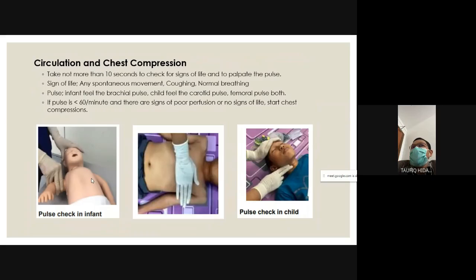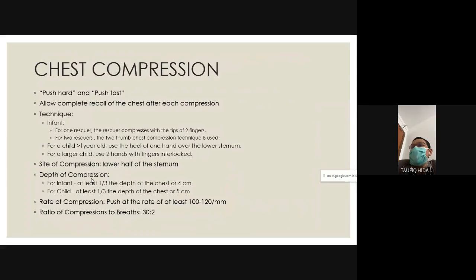So it is 1 2 3, one breath and 3 chest compressions. Later in year 5 you will have a 2 day session to practice in detail neonatal resuscitation. At least for now you have some knowledge about that.